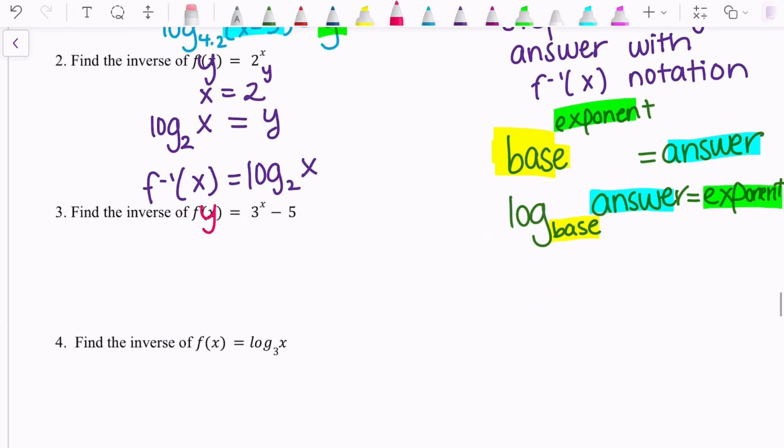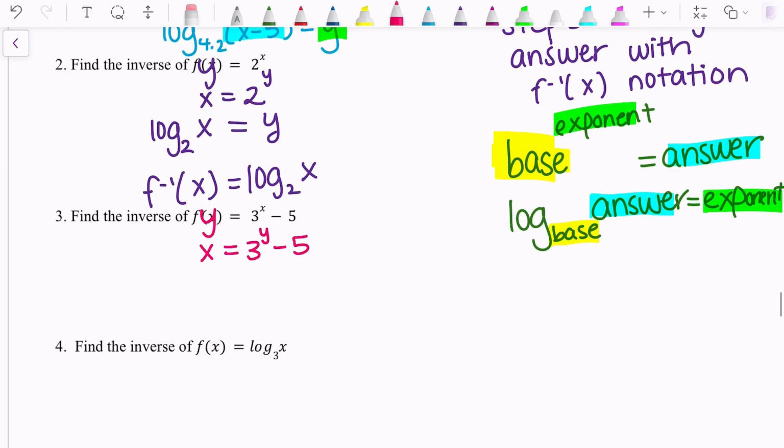All right, number 3. I have y equals 3 to the x minus 5. So I'm going to change this to x equals 3 to the y minus 5. I switched x and y. Now I need to get y by itself. So I'm going to add this 5 to both sides. And then I am going to change forms.